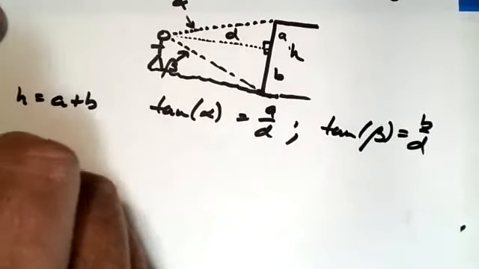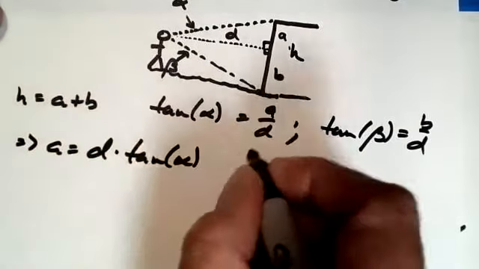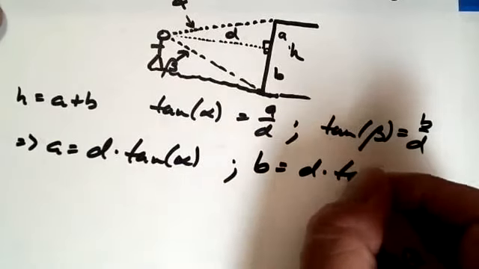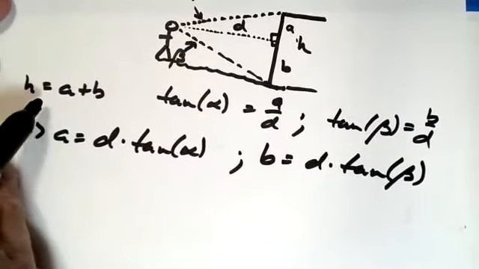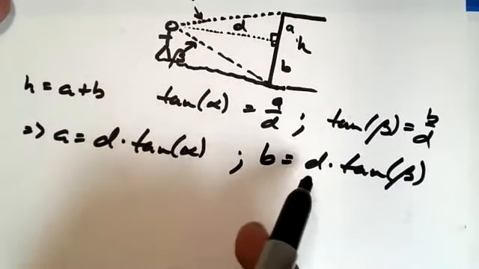So tangent of beta is equal to B over D. If I rearrange these, I've got A is equal to D times the tangent of alpha, and B is equal to D times the tangent of beta. So to find H, it's just A plus B. We'll use the expressions on the right.